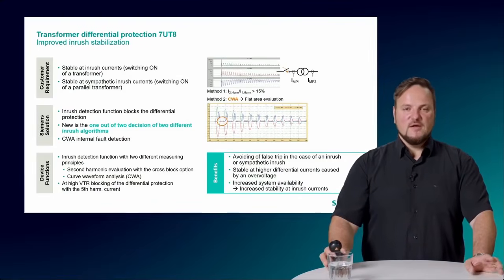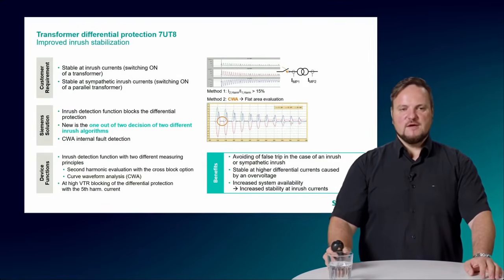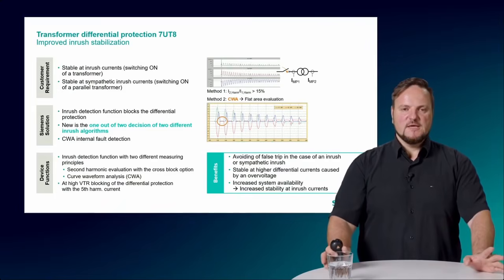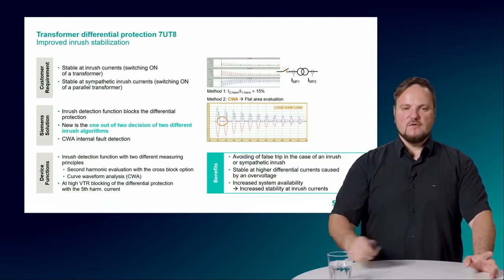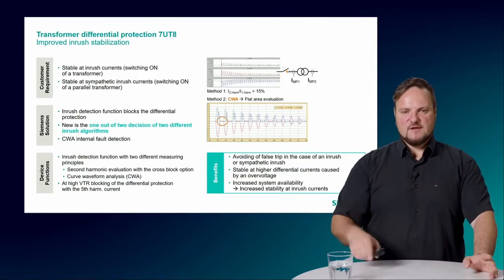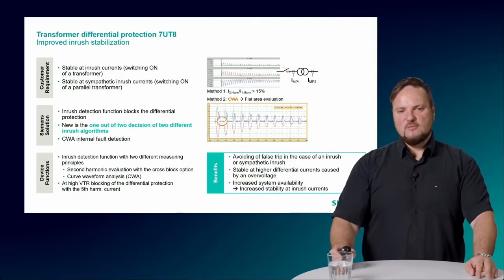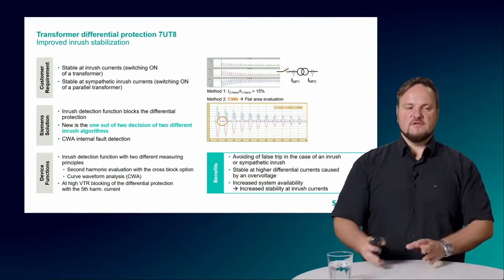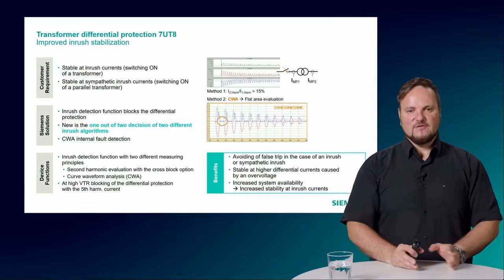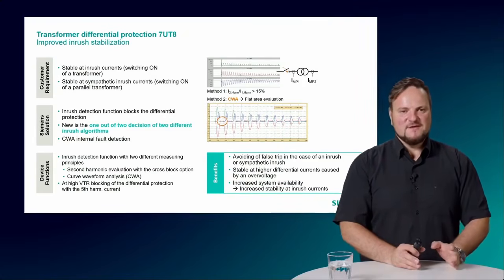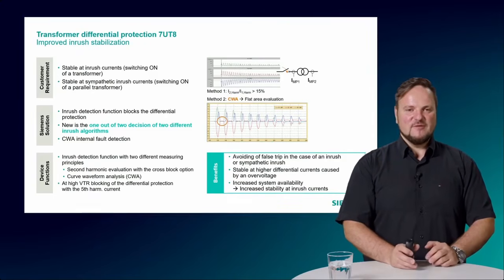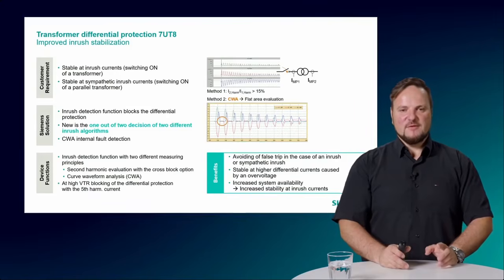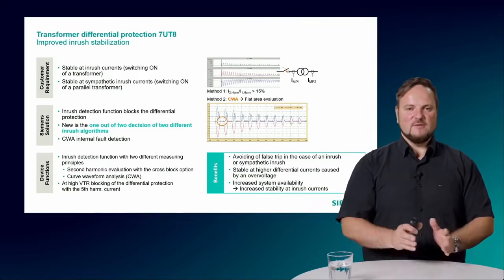If you have a closer look at the test module from Omicron, you will see that this second harmonic blocking test is only a fundamental wave with a second harmonic, or 100 Hertz, component overlaying. Of course, this is not the truth in the real world. So this looks like an internal fault with some second harmonic, and therefore our device will trip. If you switch off the CWA, you will see our device will block in that case.